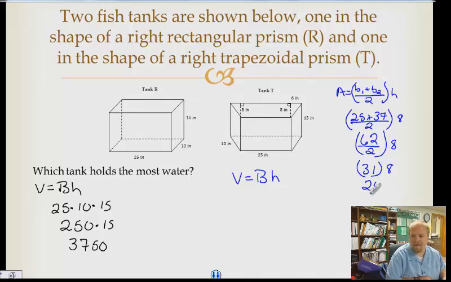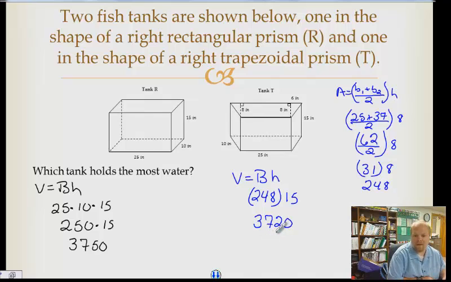That's the area of the base. So 248 times the height of the prism, which is 15. So 248 times 15, it's going to be 3,720.